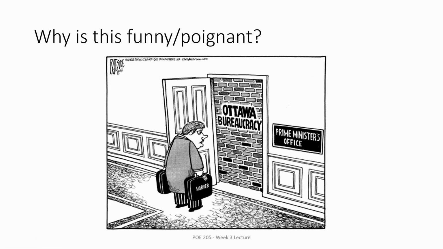So this could be because Stephen Harper was seen to have a less than amicable relationship with the public service, and that the bureaucracy could really have that power because they have a monopoly of information, because they've been in the position for a lot longer, that they could stall the prime minister or cause some roadblocks, even though the prime minister is the elected official. So that's where this comic comes out of and why it's so funny.